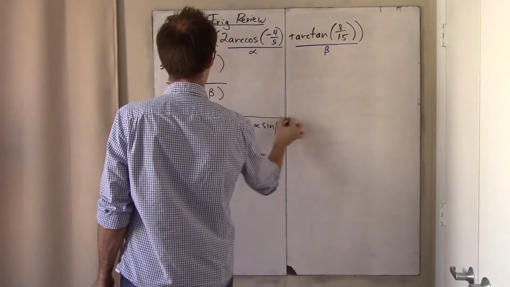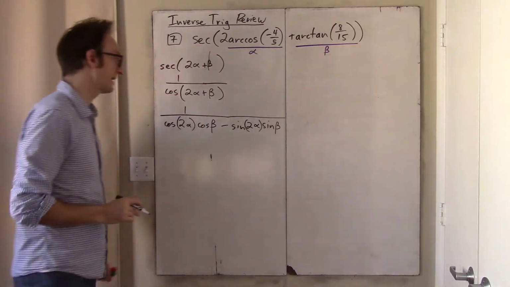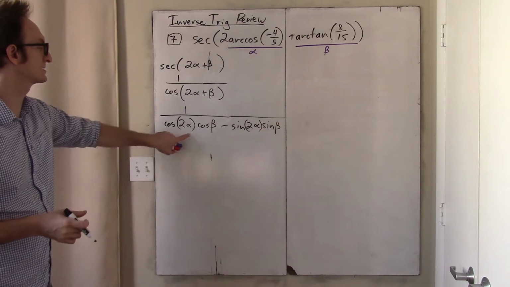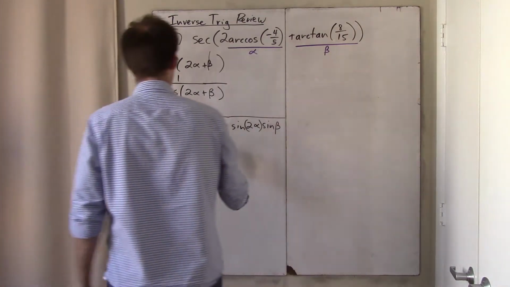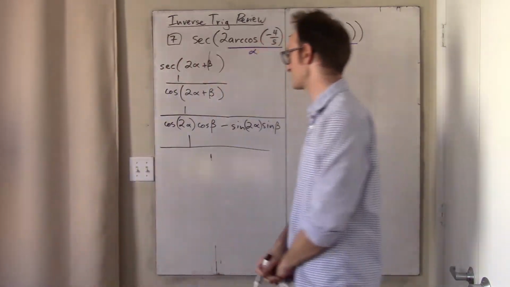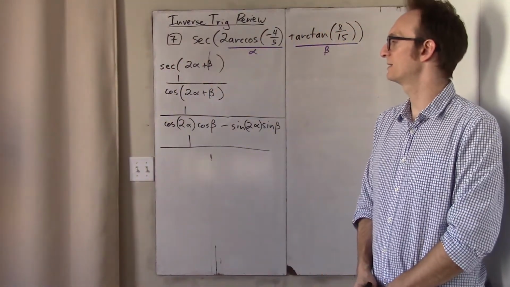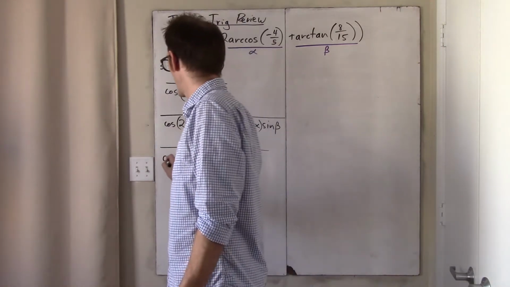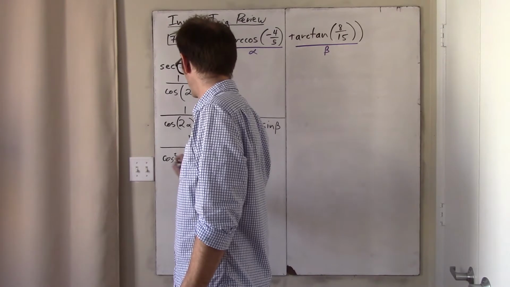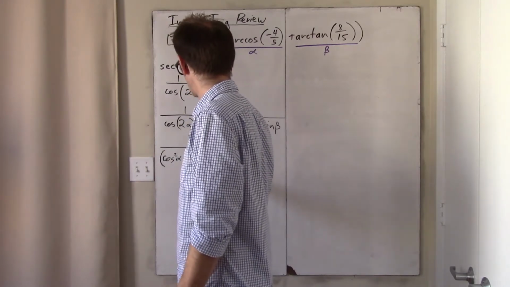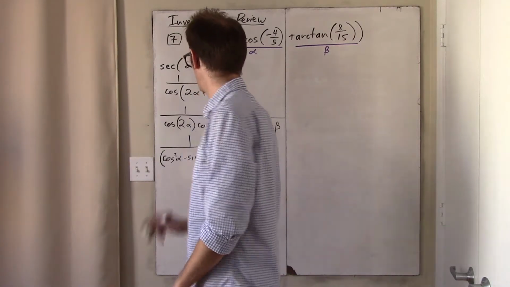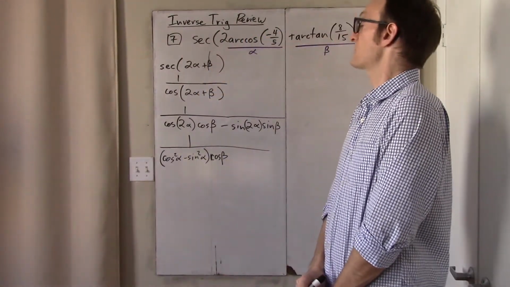And there's still more work to do because, what is cosine 2 alpha? There are a couple of different formulas for that, but maybe the simplest is cosine squared alpha minus sine squared alpha. That's the one you get directly from the cosine of a sum formula.